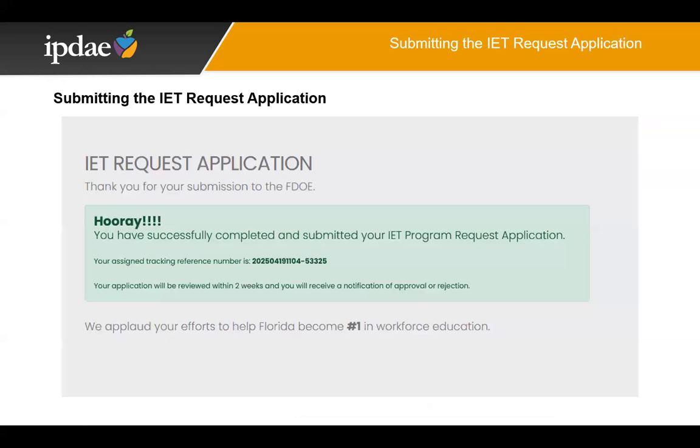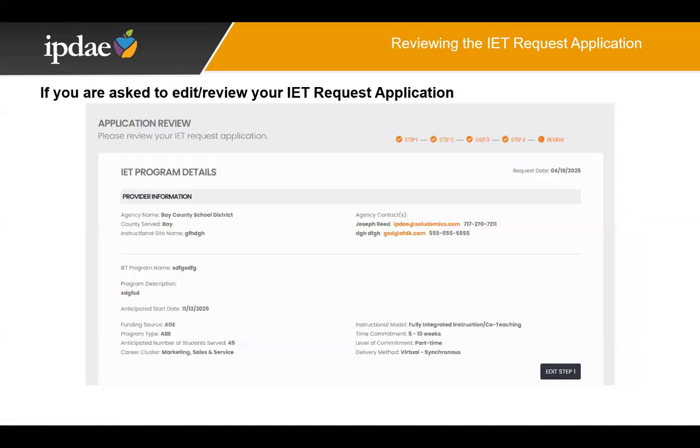Once you submit everything that we talked about today in your IET request application, you're going to get this lovely, friendly message letting you know that it's been submitted and that you're going to have some sort of answer within 2 weeks. Don't fret if you are told that you need to review or edit something. I also had to review and edit a couple things, and that's okay.